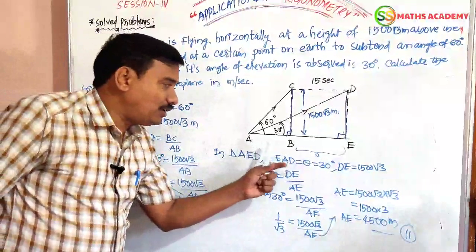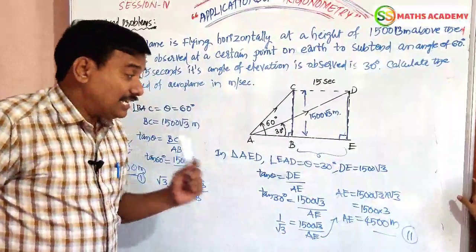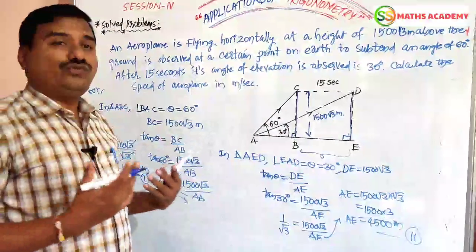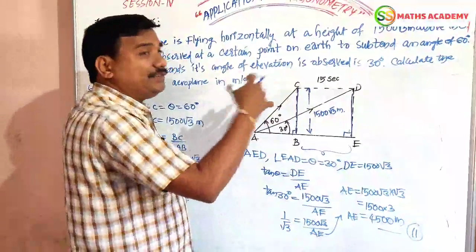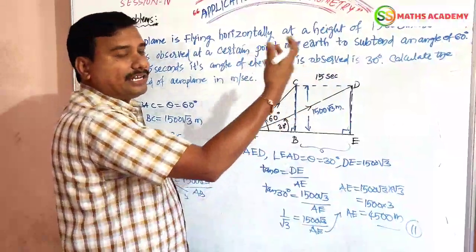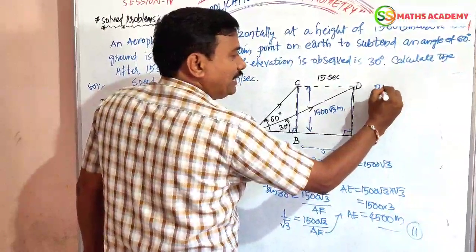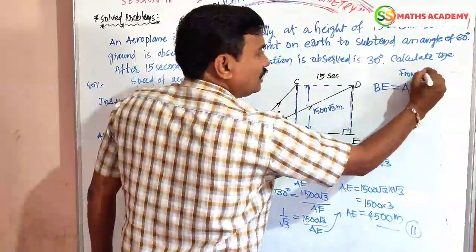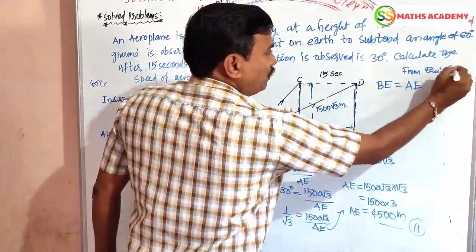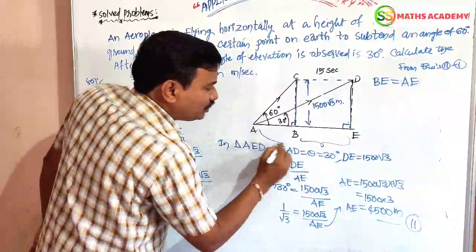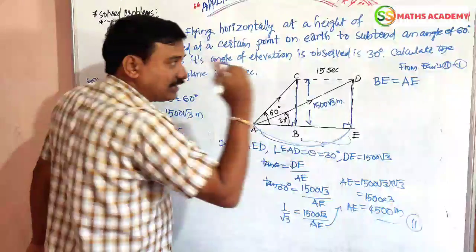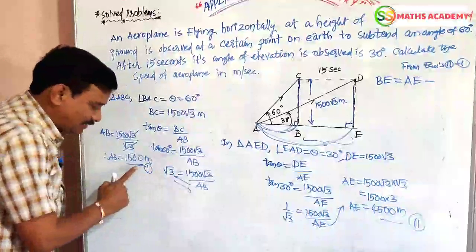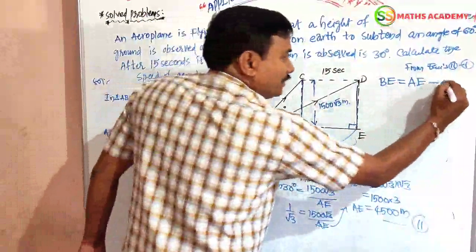From equation number 1 we got AB, and from equation number 2 we got AE. Now we have to find the distance the aeroplane travels in the air. That is BE, equation 2 minus equation 1, that is AE minus AB.